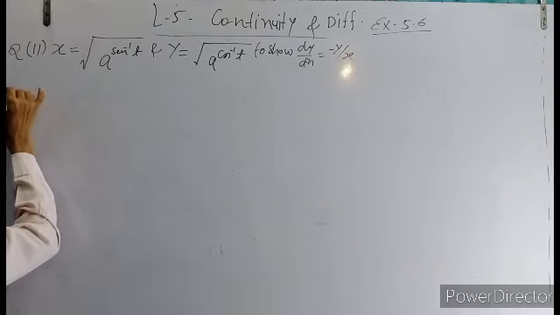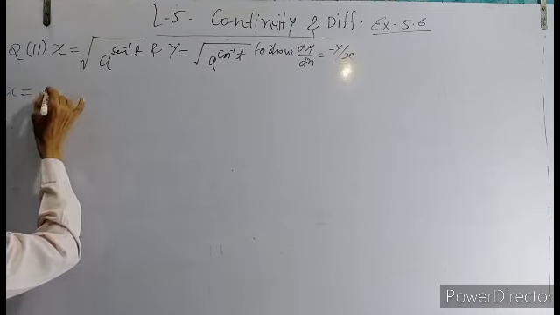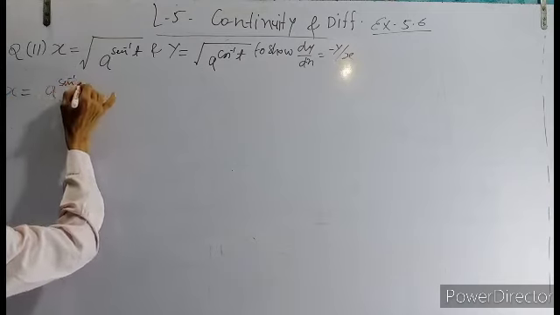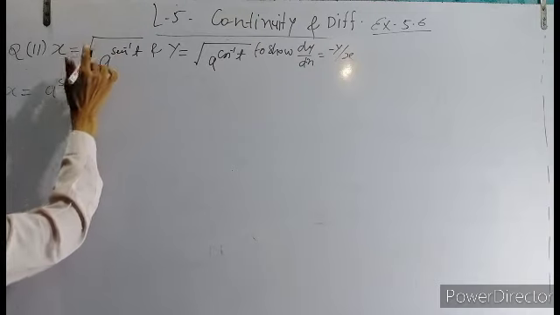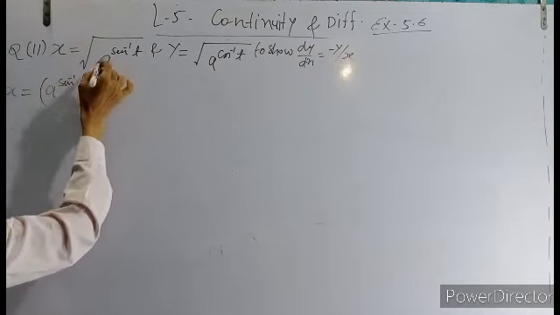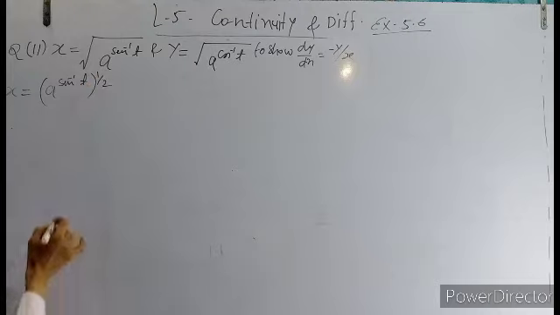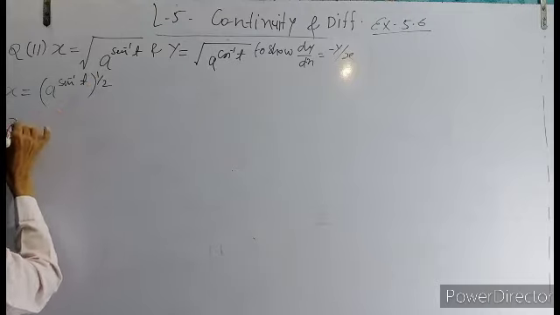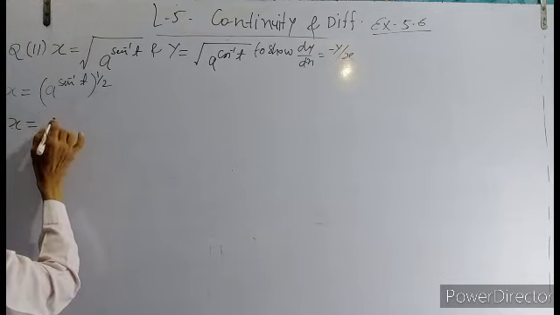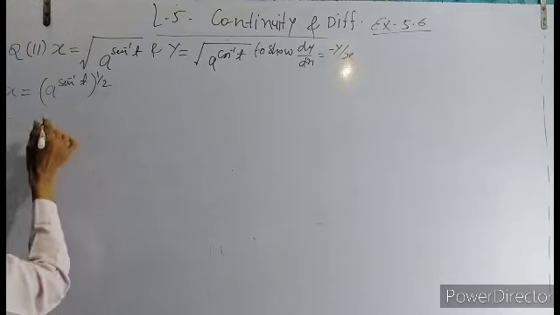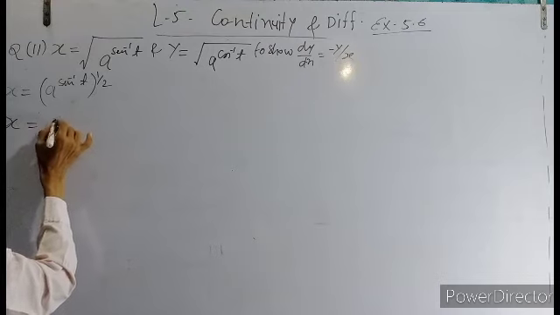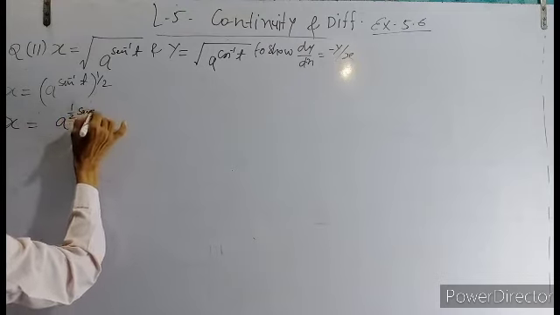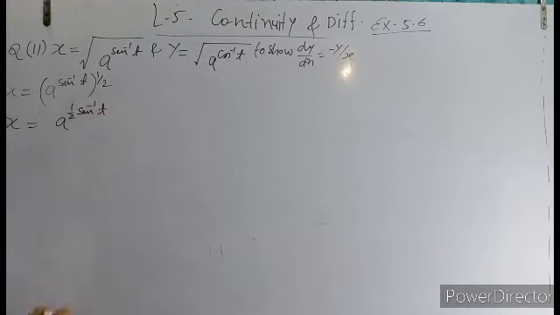First take x equal to a raised to the power sin inverse t, and this square root power will come here as 1 by 2. So x equals a raised to the power 1 by 2 sin inverse t.